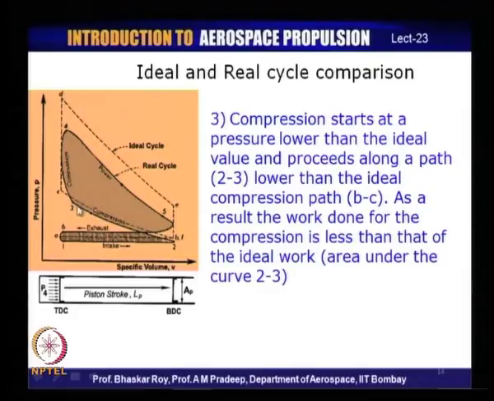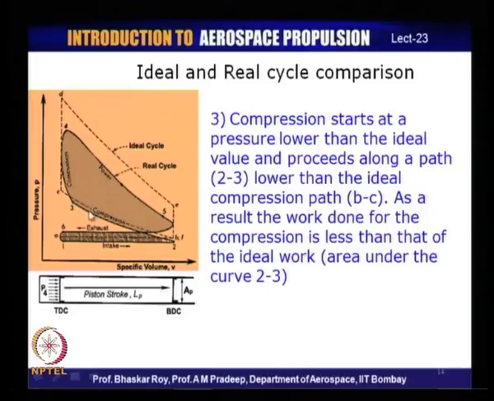Because it does not conform to reversibility and encounters certain losses due to the motion of the piston inside the cylinder, it does not quite reach the point C. The compression process often goes up to 3, and then at 3 the combustion is initiated.